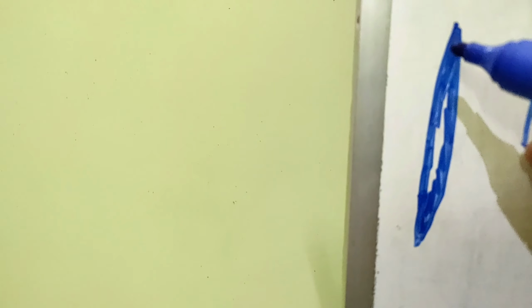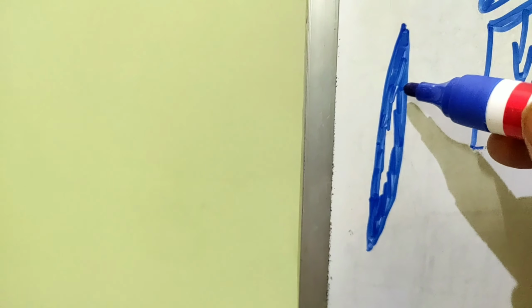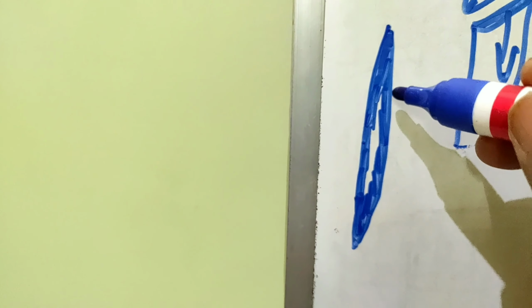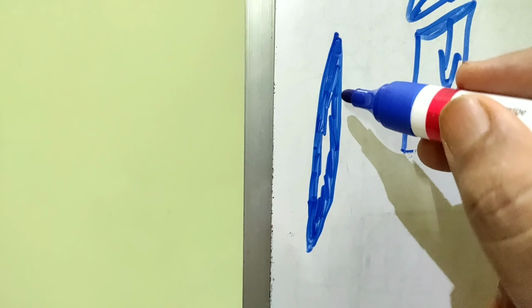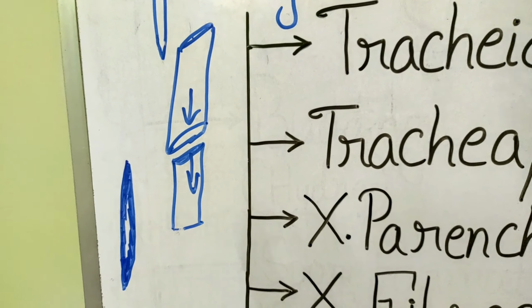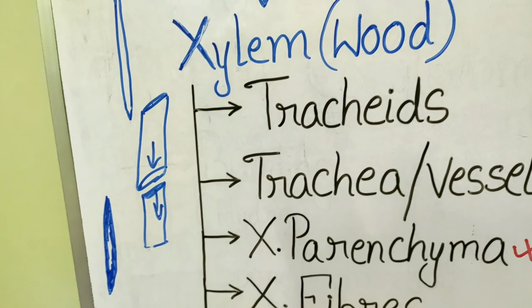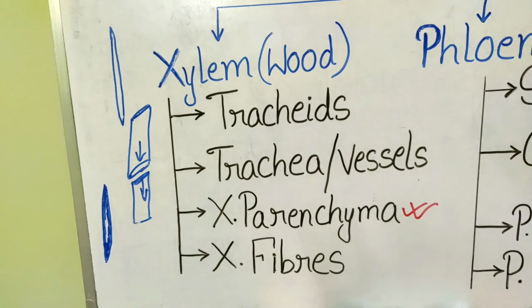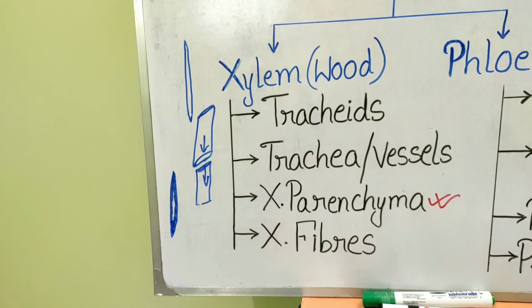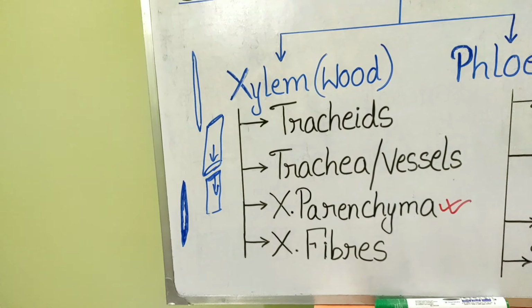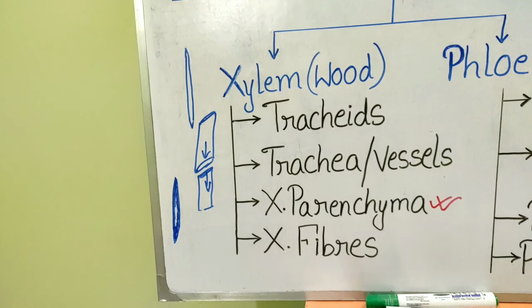The lumen in them is very narrow and they have a thick cell wall. The cell wall is lignified, that means extra deposition of lignin is there on the cell wall, which makes them strong and flexible, and this gives mechanical support to the plant. So these are the various components of xylem, that is tracheids, trachea, xylem parenchyma and xylem fibers, out of which xylem parenchyma is the only living one and the rest 3 are non-living.